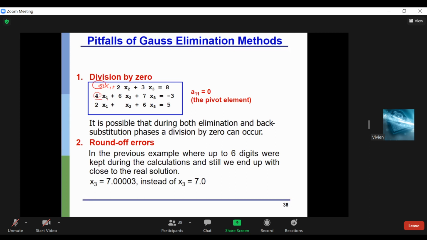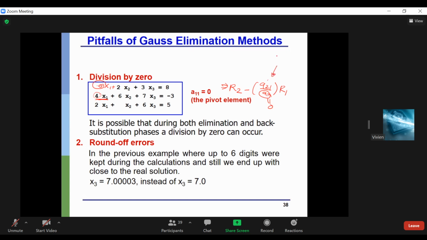If we want to subtract, we subtract from the second row R2 the value A21 divided by A11 multiplied by R1. If we calculate this, the A11 value is equal to 0, so the division by the pivot element is 0. That becomes a problem.